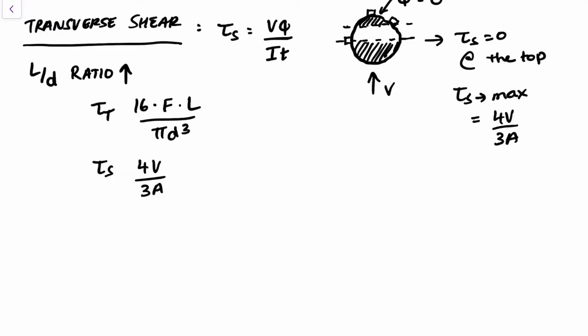And A is basically pi D squared. There's another 4 up here, so that would become 16 times V, right? So if I were to compare these two and I have a really high L over D ratio, it means L is large and D is small. Let's cancel out the 16, cancel out the pi, we'll have a 3 in there, and you have D, right?